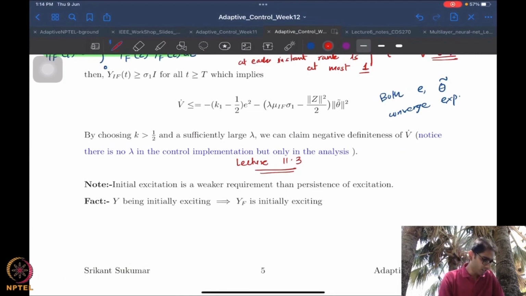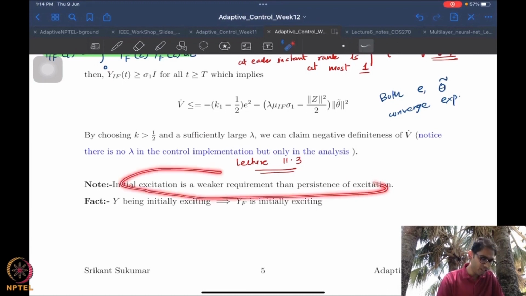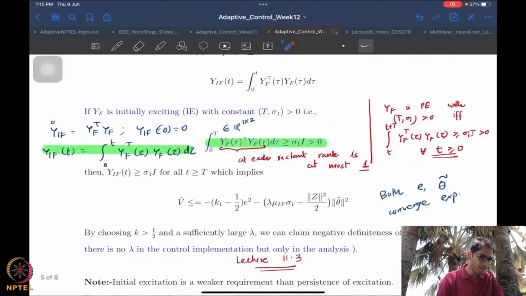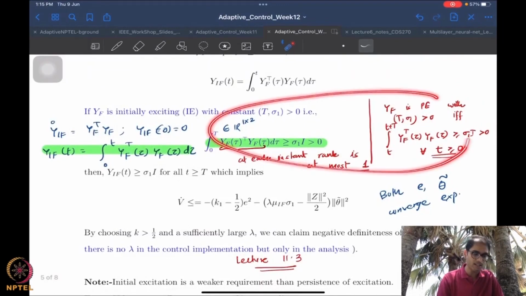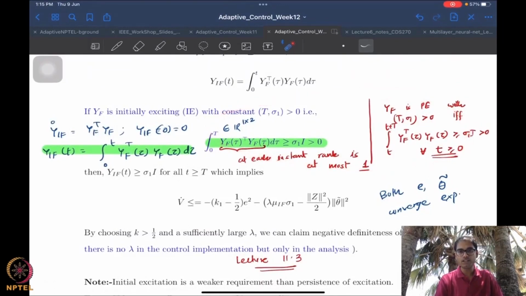And what I want to do is make, of course, several comments, right? The first thing which is written here is, of course, that the initial excitation is a weaker condition than persistence of excitation. That should be obvious from here itself. We spoke about it in the previous lecture. Here you need excitation to happen on all sliding windows of time, and here the excitation is required only at initial time.